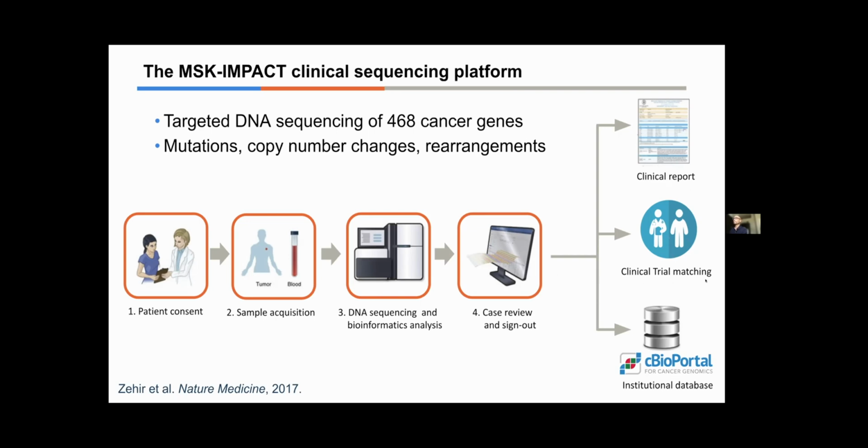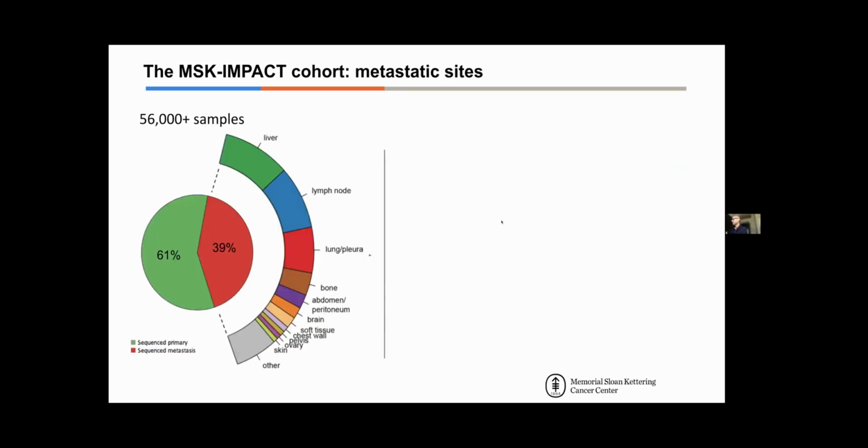You can put these patients into clinical trials depending on the genomic alterations that they have, and then all of this data goes into cBioPortal, which I'll try to give a demo of at the end of the talk here.